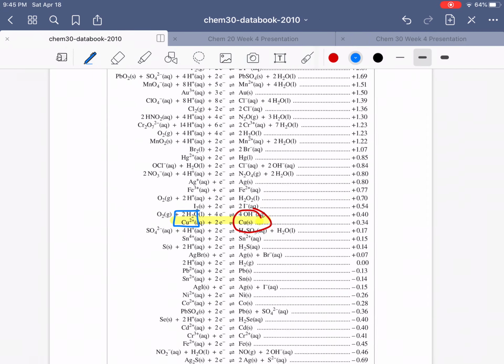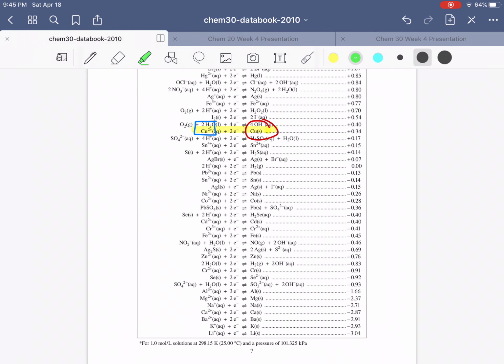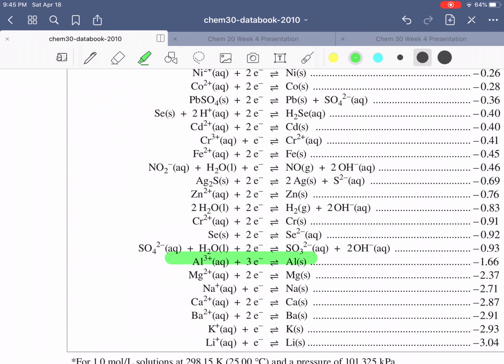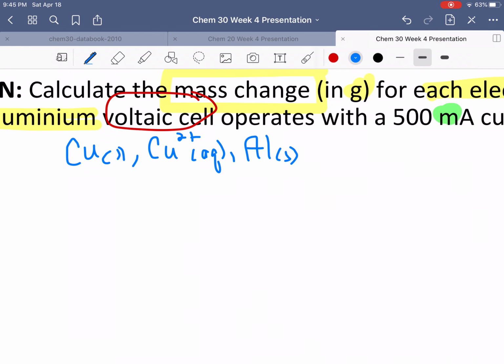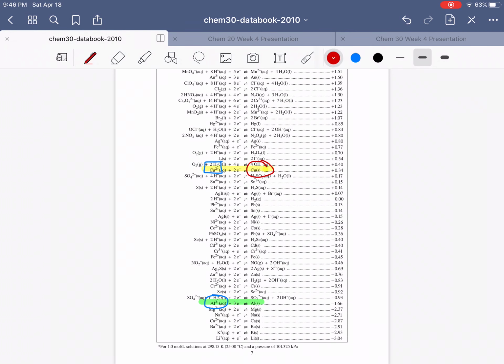Once again, go to your table of half reactions, and as you move your way down, there's our aluminum. Now for aluminum to be present in a half reaction, we also need the aluminum 3+ ion. So that's got to be listed as well. Al 3+ aqueous. Hence, water is also a factor. Now, guys, we just looked at both of these on here, and it becomes fairly obvious fairly quickly that we're going to have these four possibilities.